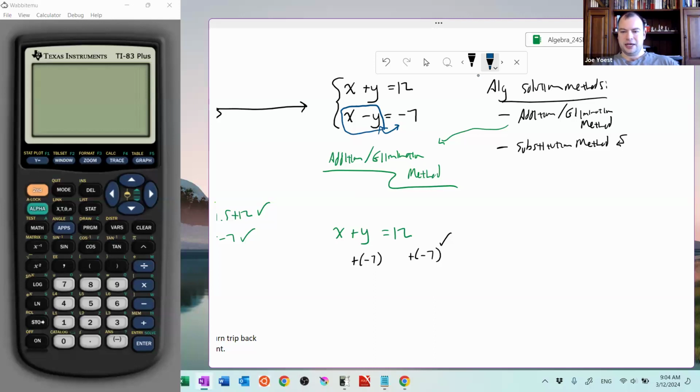So maybe on one side, I choose to add -7. And on the other side, I choose to add something that is equivalent to -7: x minus y, through equation 2. These are equal. These are just a restatement of the same thing. I've added the same thing to both sides. I just happen to make it look different on one side than the other.